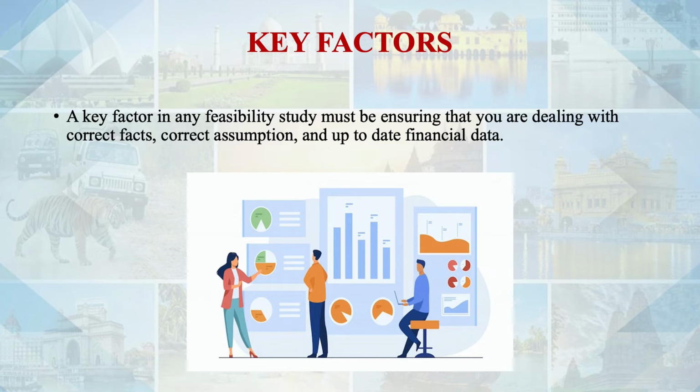Don't put your own bias or somebody's bias inside it. Otherwise, this may manipulate, and that's why many projects failed, because there are incorrect biases, that yes, this will happen, because I am initiating, it will be successful. No, let's check the ground realities, and up-to-date financial data is very much important for feasibility study.